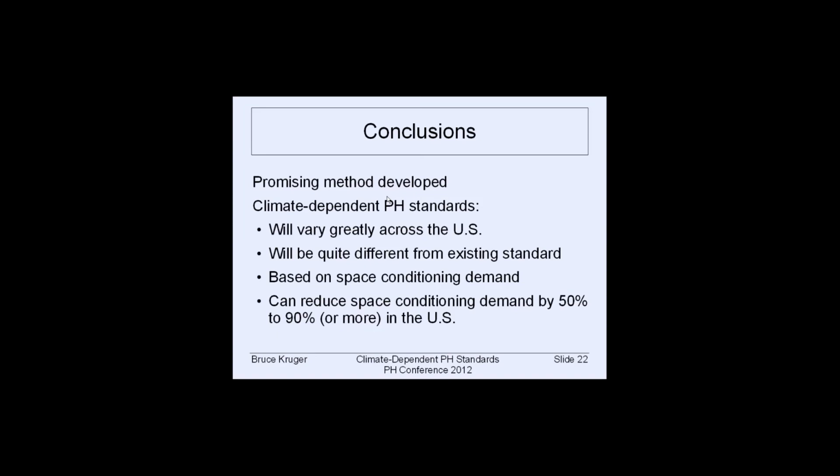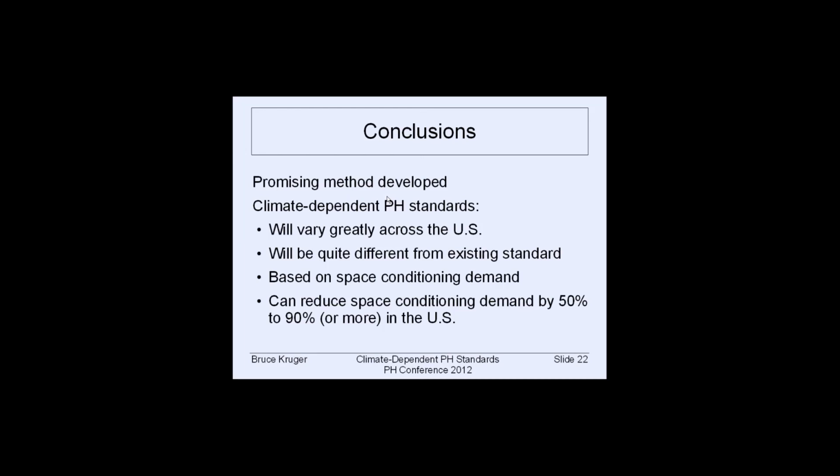First of all, I feel that this is a promising method, and as I tried to say at the beginning, the real work I feel I've done is creating a method. So I wouldn't put too much stock yet on the numbers I've shown in the last few slides. I've really been focusing on the method. The second thing is that doing this work has really made me think that climate-dependent standards should be used.